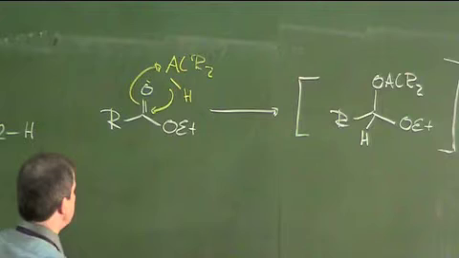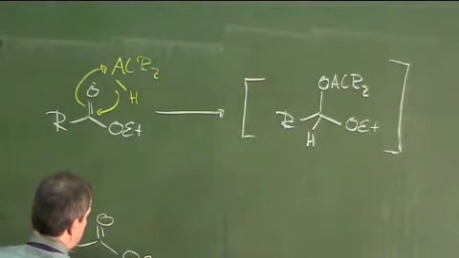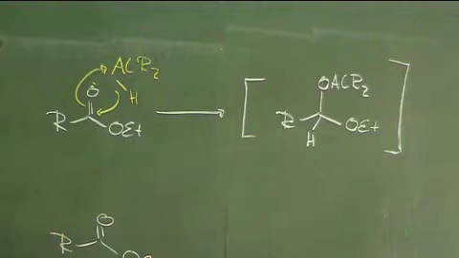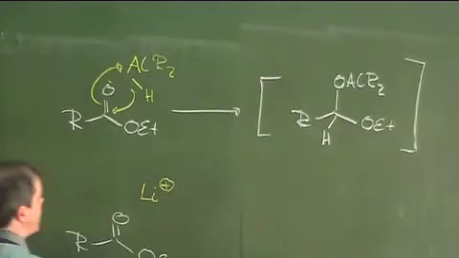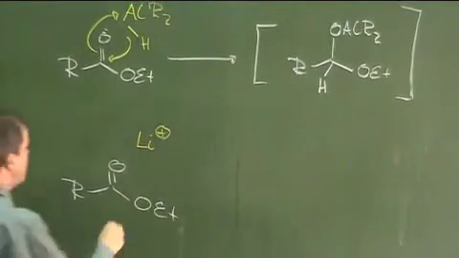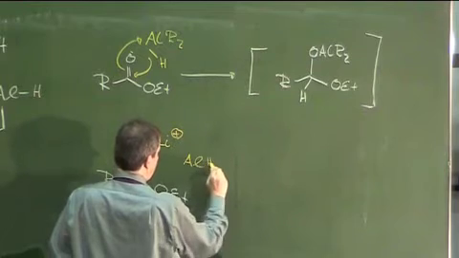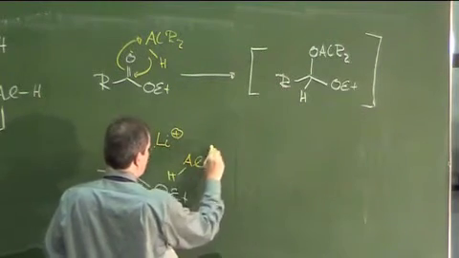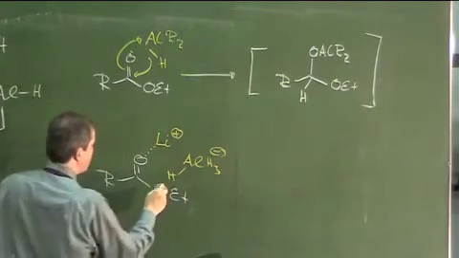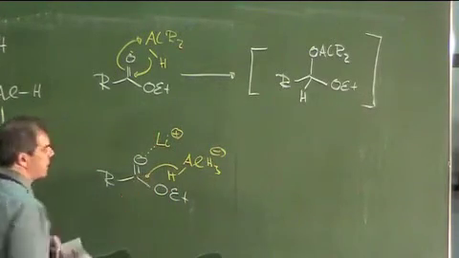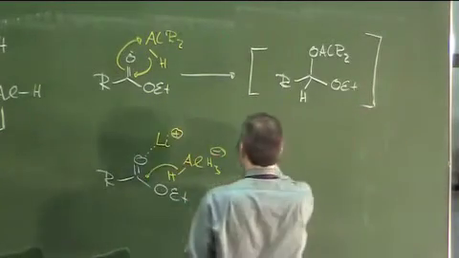So you form this intermediate, and again, let's recall the difference here. With lithium aluminum hydride, you have a lithium cation, which is doing the activation. And then you have this anion here, which is converting or bringing this over.